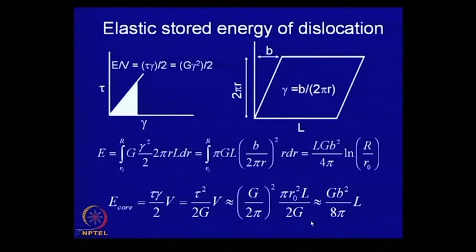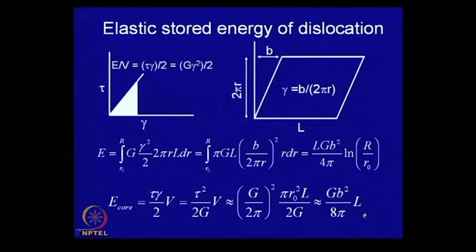And now, let us try and find out the energy which is stored at the core of the dislocation. Here we can go to the previous logic, that the stored energy is tau gamma over 2 times volume. You calculate this, and then we can assume that the shear stress in the core is equal to the shear strength of an ideal crystal.